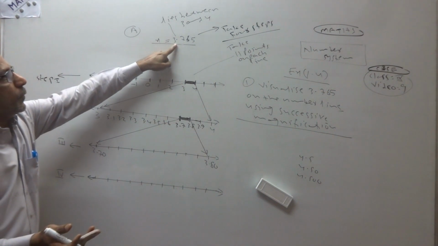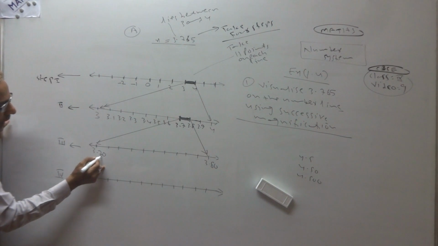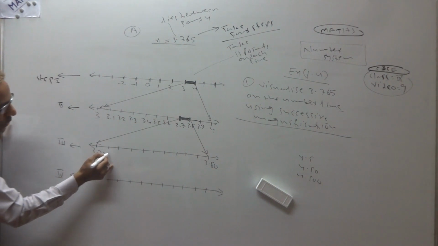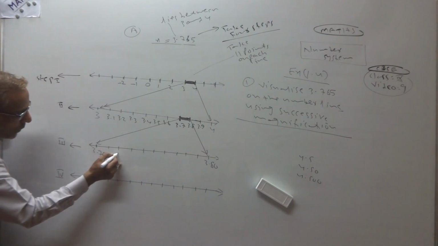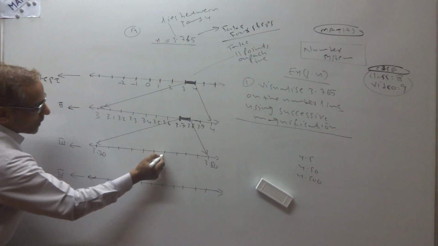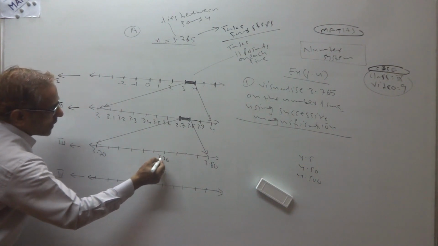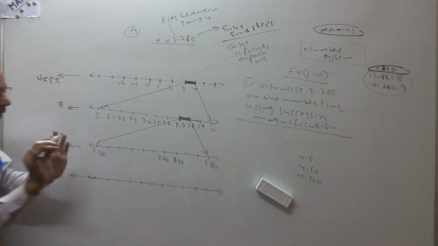What I need? I need 3.76. Okay. 3.70, 71, 72, 73, 74, 75, 76. 3.76, 3.77. Agree? No doubt?